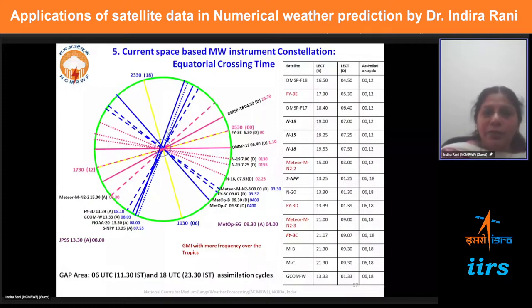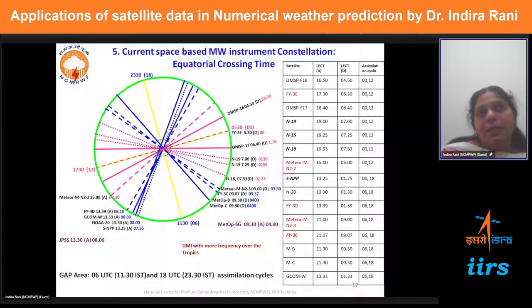So, analyzing the current space-based microwave instrument constellation with respect to equatorial crossing time: as I said, at NCMRWF we run 4 assimilation cycles at 0, 6, 12, and 18 UTC. We have to receive this data in real time within the assimilation cycle time.